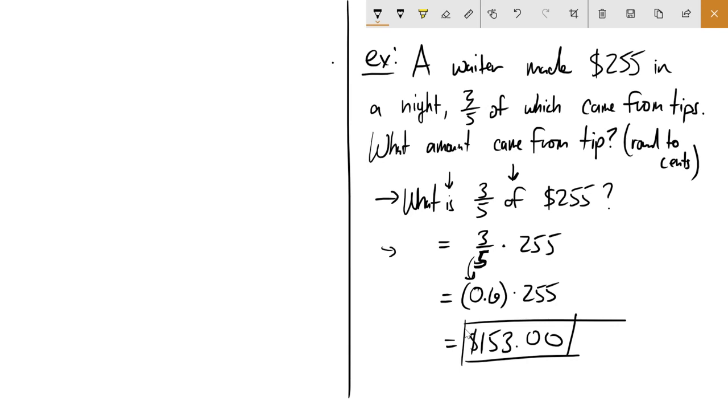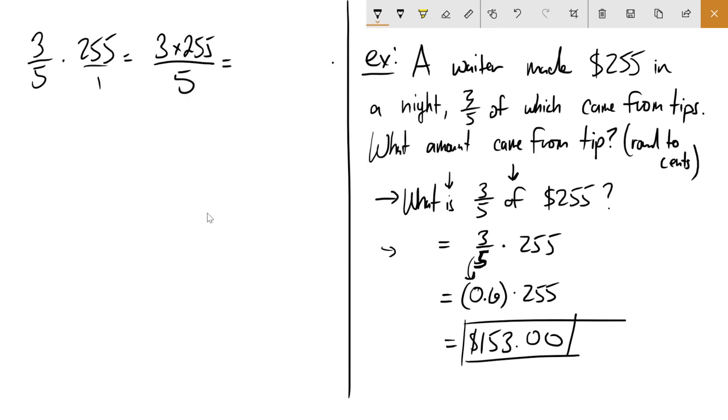Yeah, exactly, because if you're multiplying a fraction times a whole number, we know how to work with fractions, right? The 255 is really like 255 over 1, there's kind of a hidden 1 there. So what you end up doing is 3 times 255, and then you divide by 5.